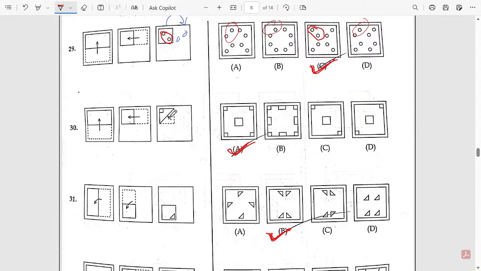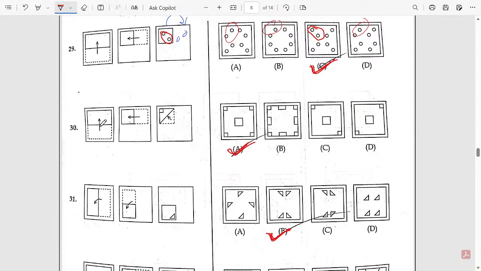This is first half, then again half, then again half. It is folded into half, half of half, right? So what will happen? This will come here again. That is why answer option A will come. There will be one square in the middle, not B, because there is this extra part.